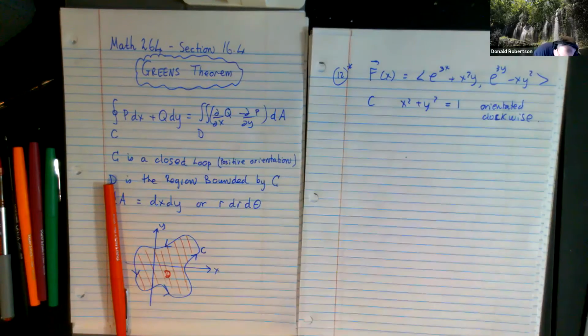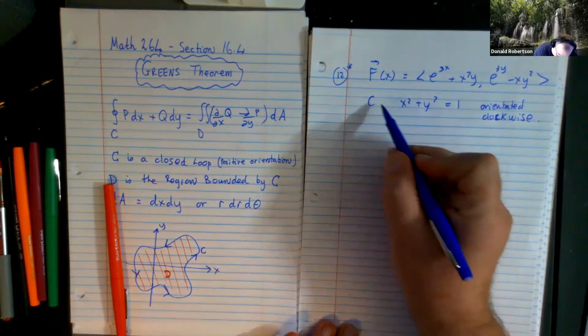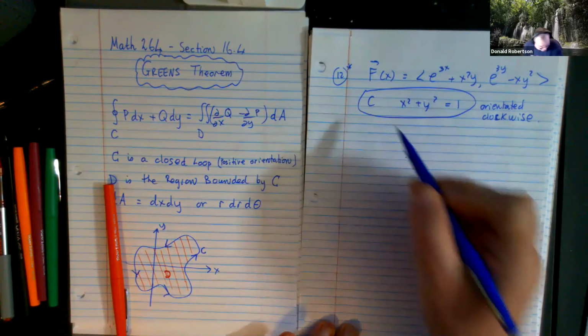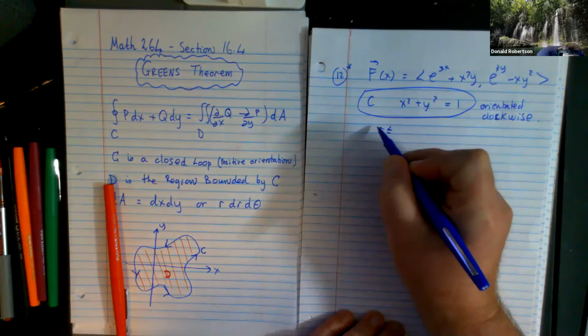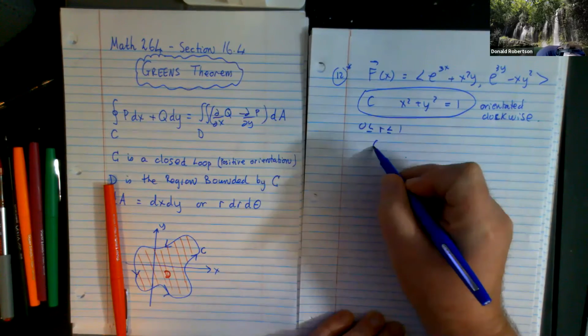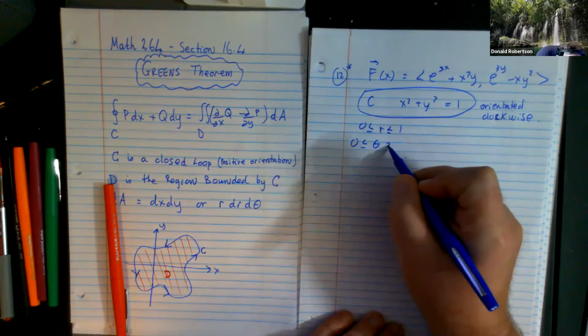Since the closed loop is a circle, would you agree that's polar again? There's no argument to me. If you see a circle, it's just going to be that. So that's going to give me, in this case, r from 0 to 1, and it's a complete circle, so theta from 0 to 2 pi.